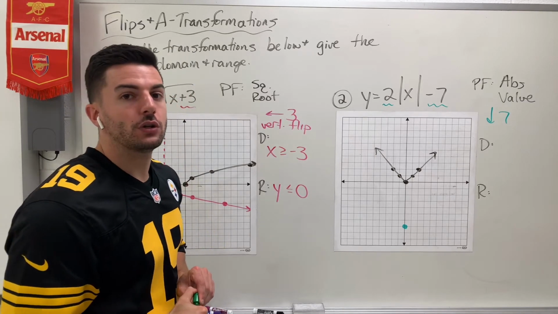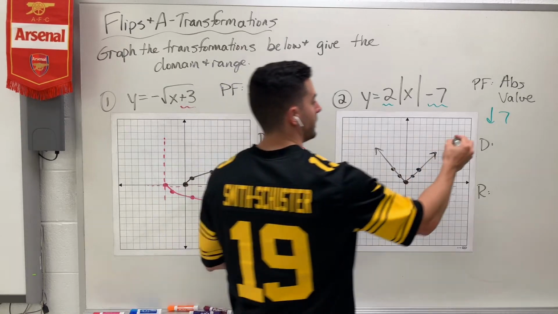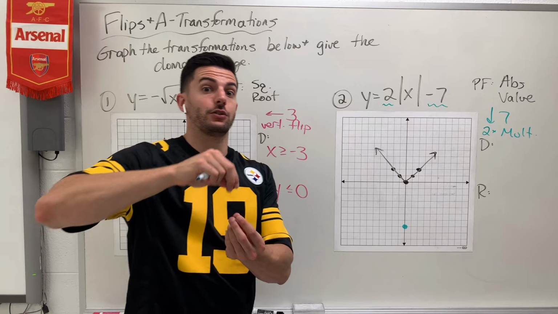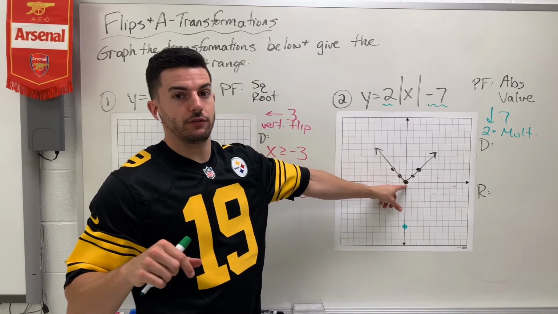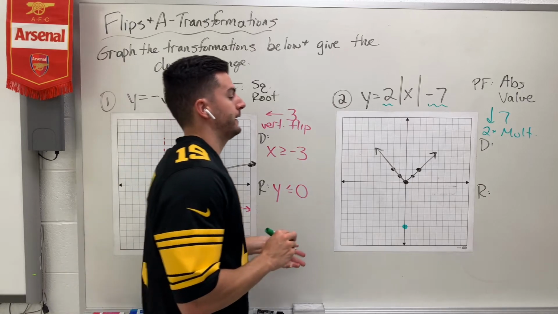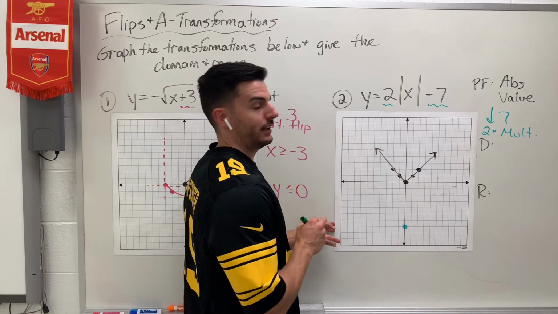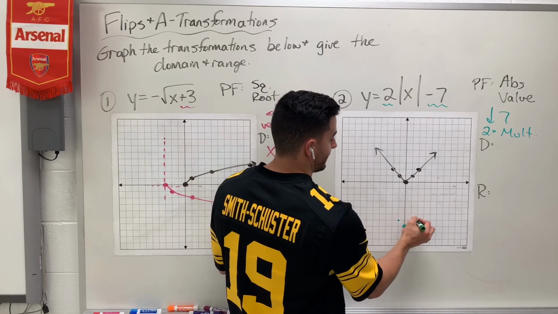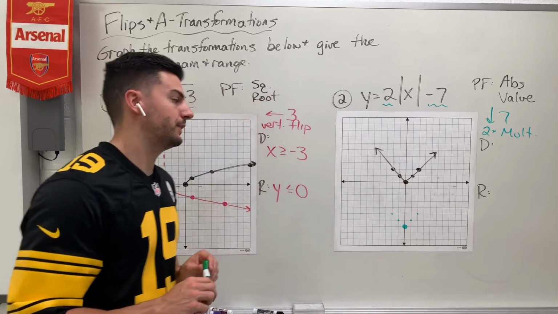But then that 2 on the outside, right, that's what you just saw the video on. That's a 2 times multiplier, right? That's indicating that we are going to double the vertical distance that these points are normally from that origin vertex point, okay? What might be helpful, I did this in the A video too, you might have seen, is to draw little guide points down here of where they normally would be.